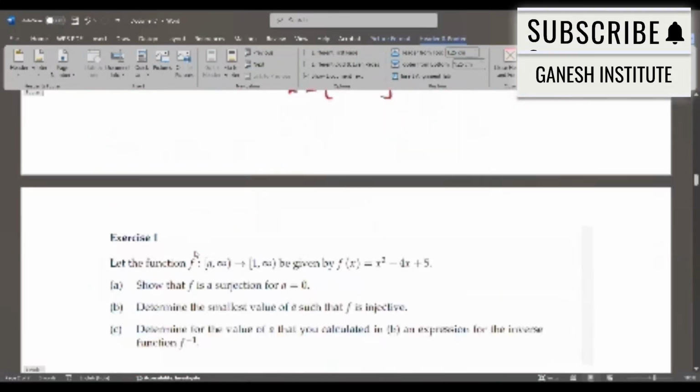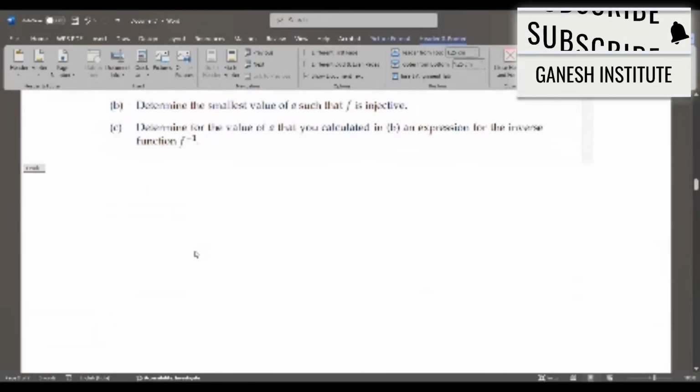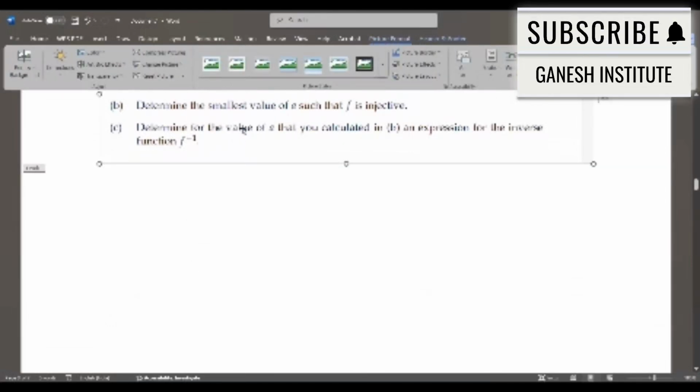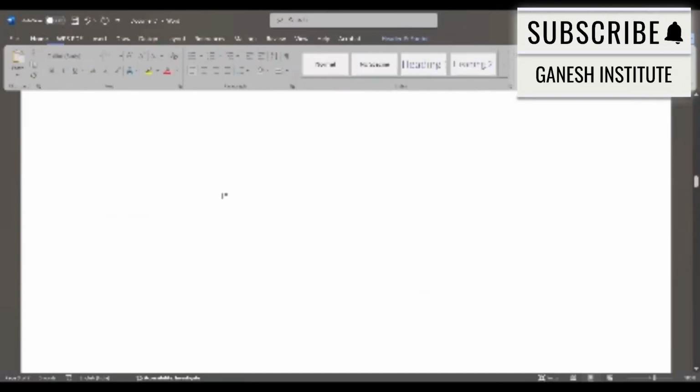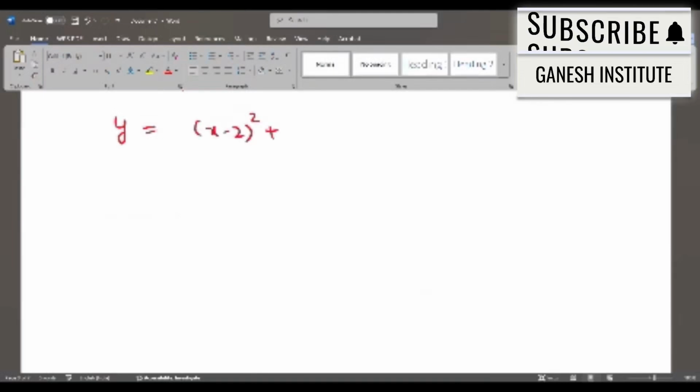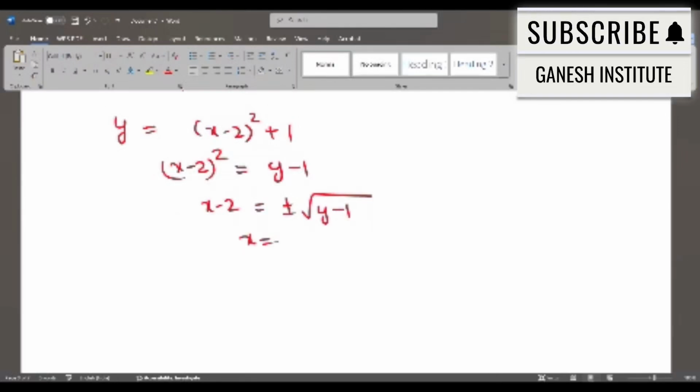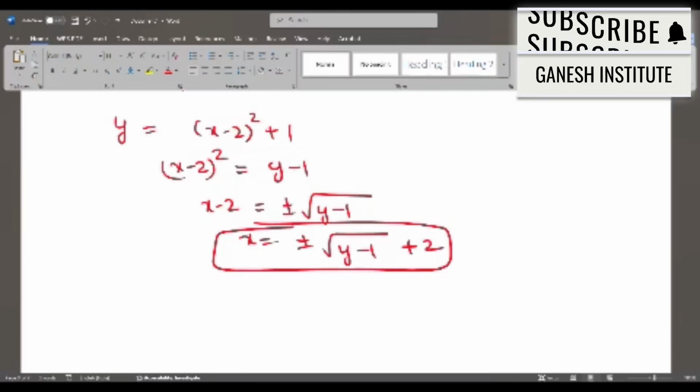So basically, if I have y equals (x minus 2) squared plus 1, and I want to find out the value of x from here, this is the value, right?